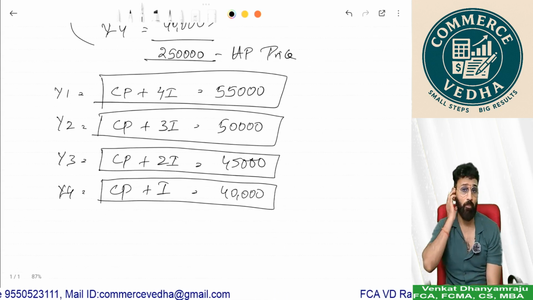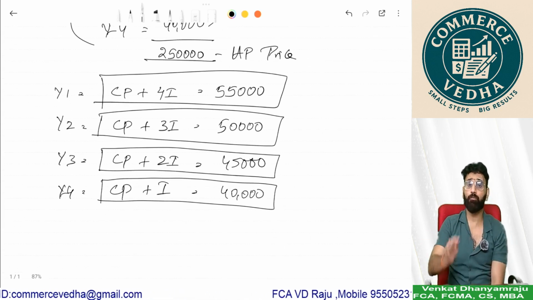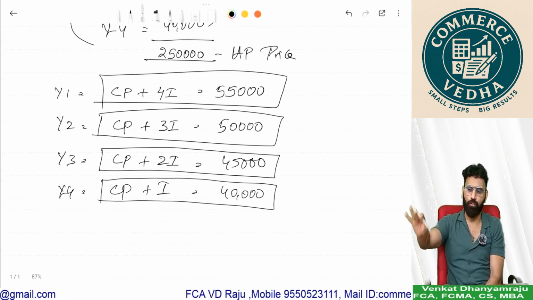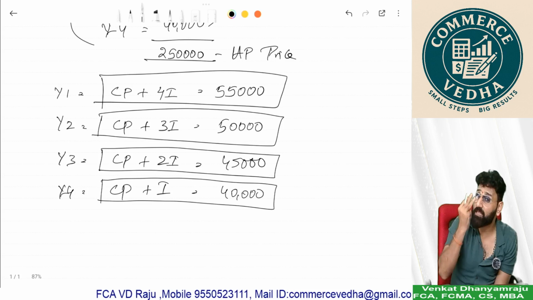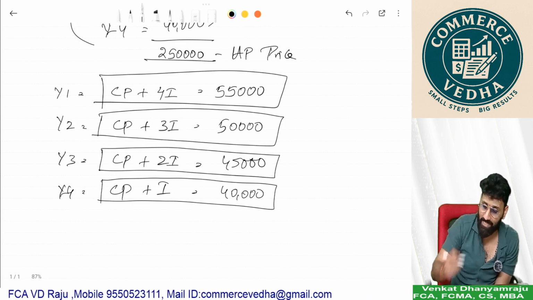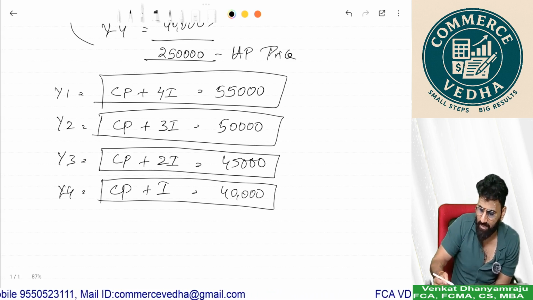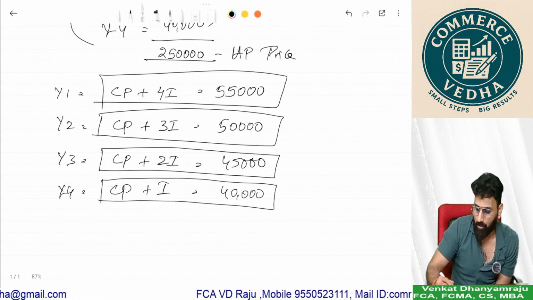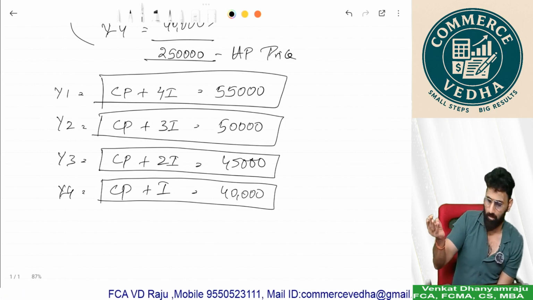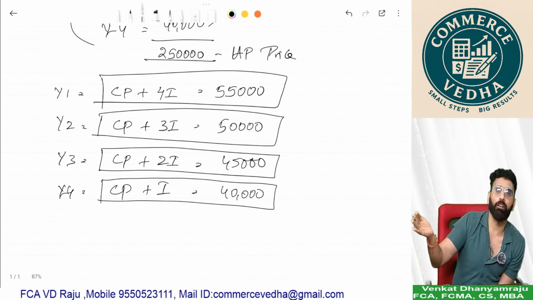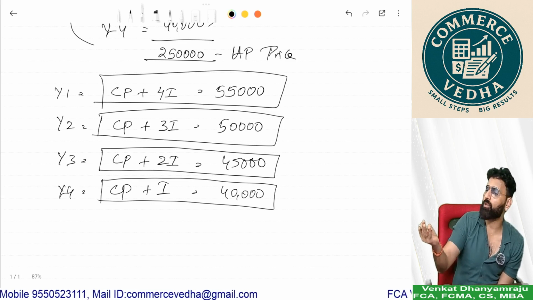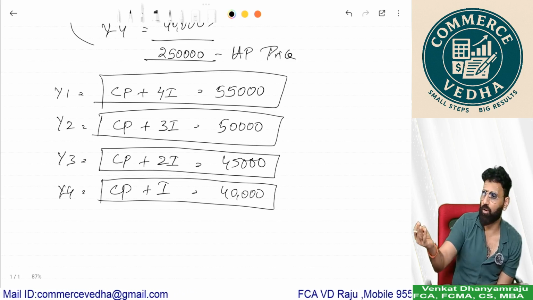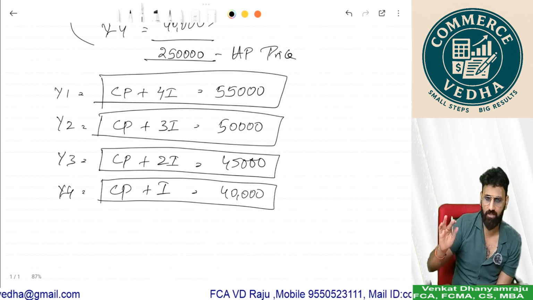This is the formulation: cash price plus interest on 4 installments equals 55, then interest on 3, interest on 2, and interest on the 4th year.